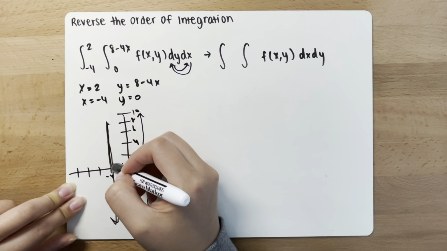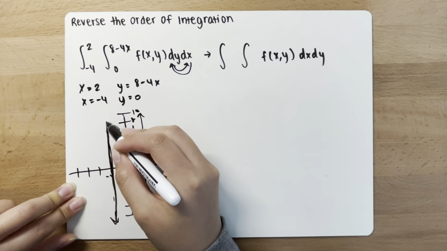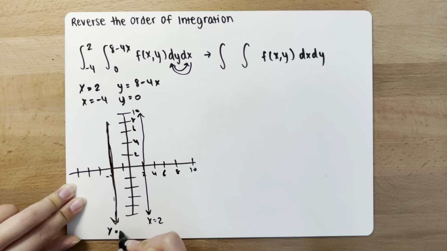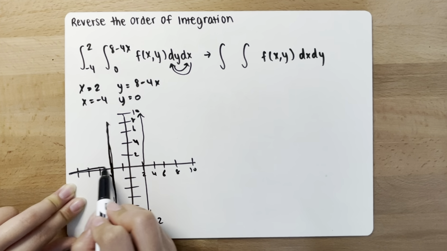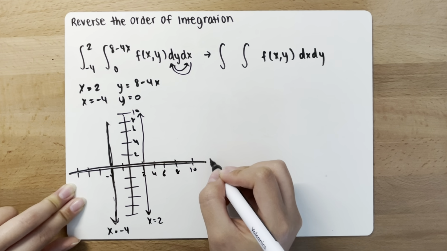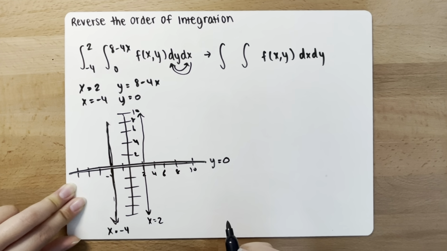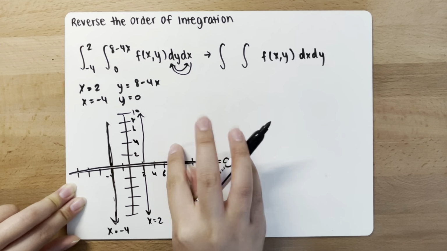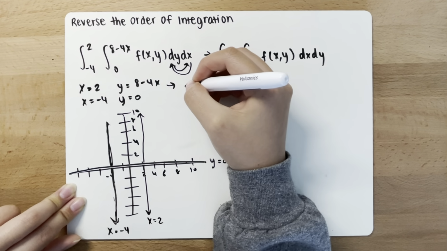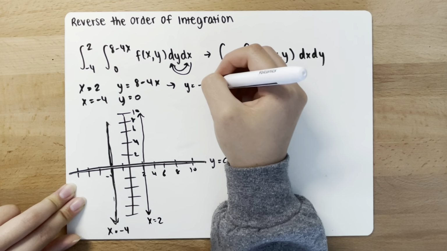Let's imagine that this is where -4 is. X equals -4. Now we graph y equals 0. And then we're going to graph y equals 8 minus 4x. This is the same thing as y equals -4x plus 8.